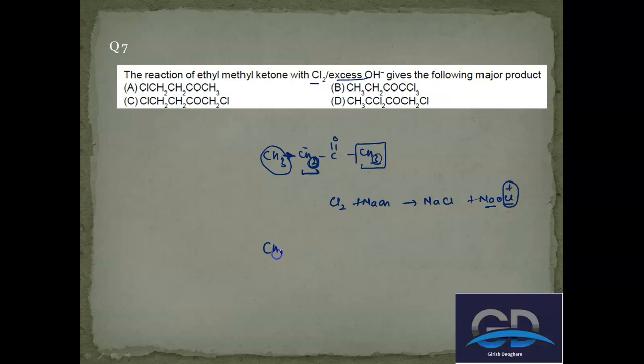And therefore we get CH3CH2CO, and all the alpha hydrogens on the other side would be replaced. So this is what we get. This is actually the haloform reaction. It is basically the haloform reaction mechanism where alpha hydrogens are replaced by halonium ions. So the answer for this question would be B.